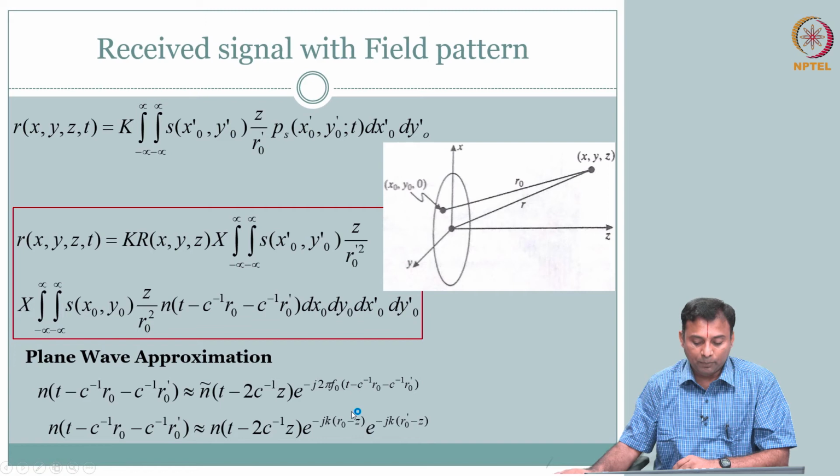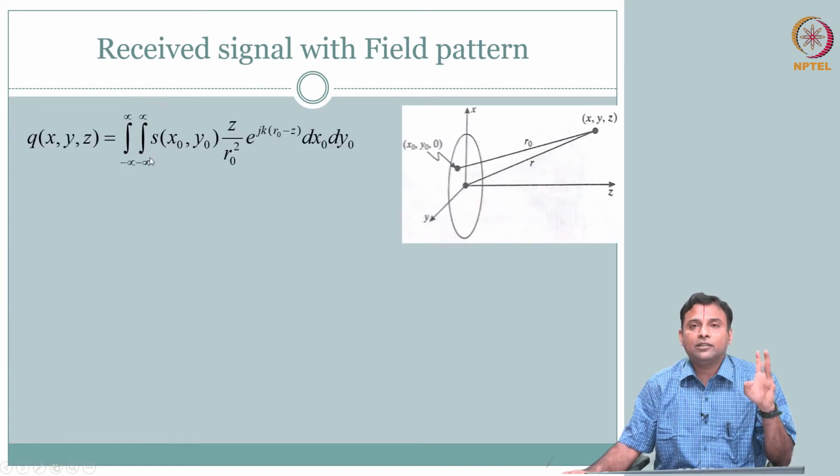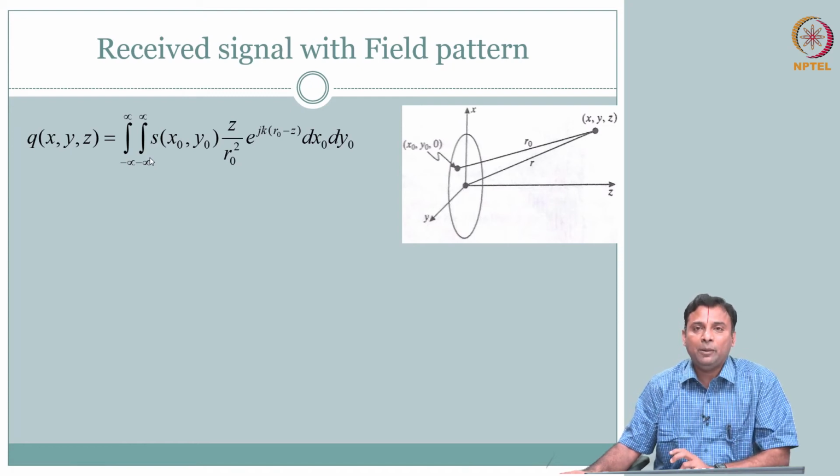By conveniently splitting this as r naught minus z and r naught dashed minus z, if you put it back here, you can simplify this. The 4 integrals became 2 identical double integrals because of this manipulation.